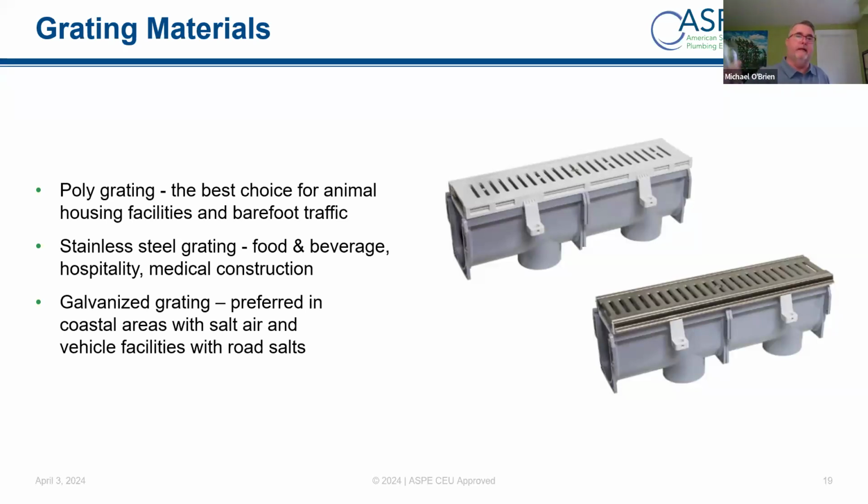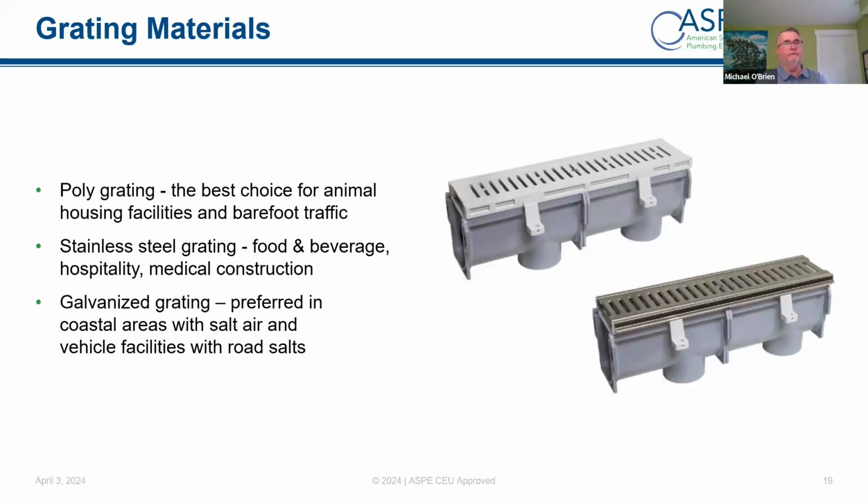Other grating materials: there's poly grating, really a good choice for animal housing facilities or barefoot traffic. That's common around pool decks, where you'll see a trench drain all around the pool.